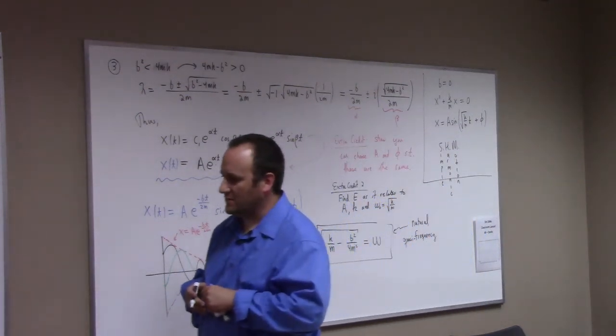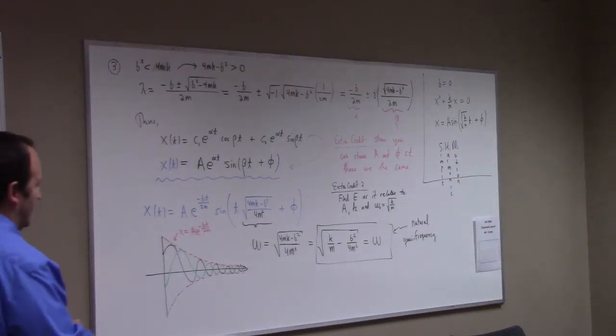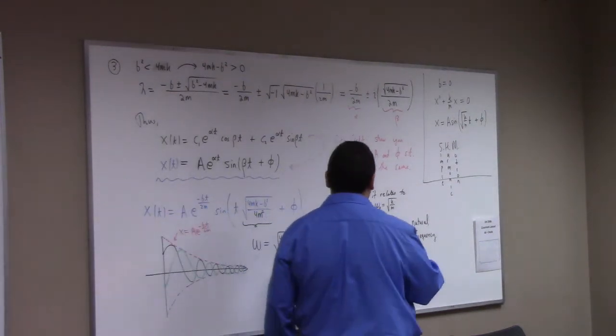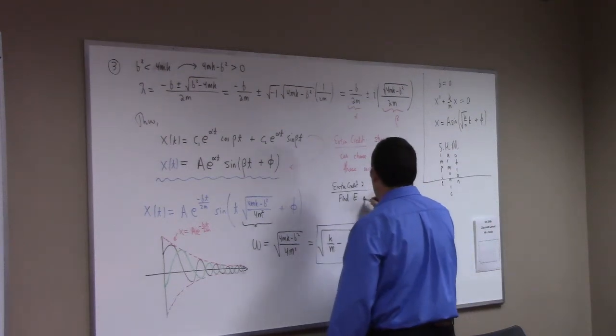I don't want to be too precise, because I might say something that doesn't make sense right off the cuff. Let me make it more specific. Find the energy as a function of time.